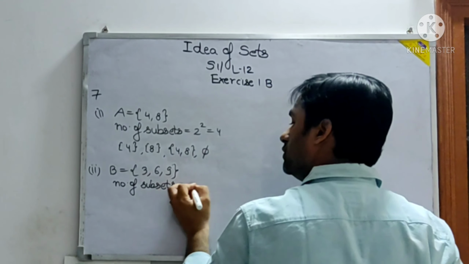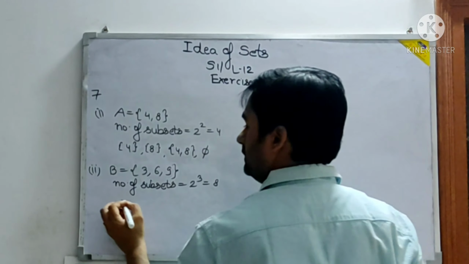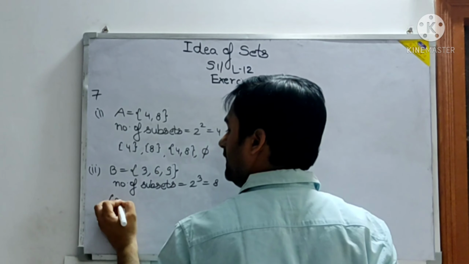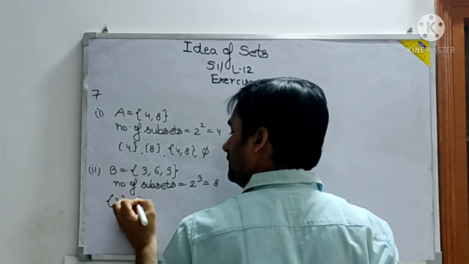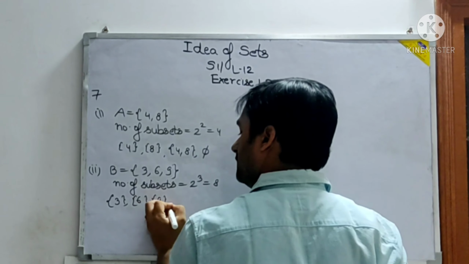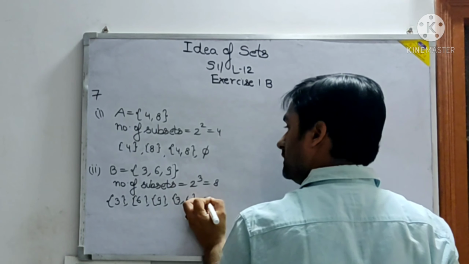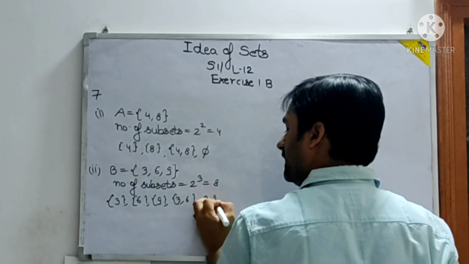Number of subsets equal to 2 to the power 3. That is how many? 8. So write here first 3, then 6, then 9, then 3, 6, then 3, 9.